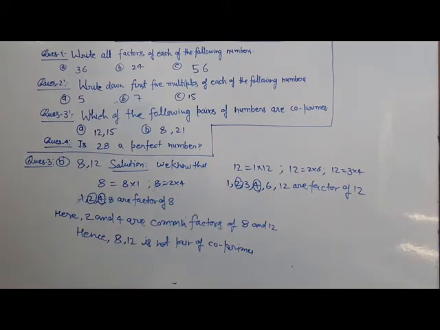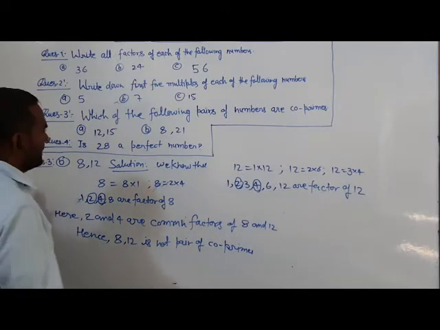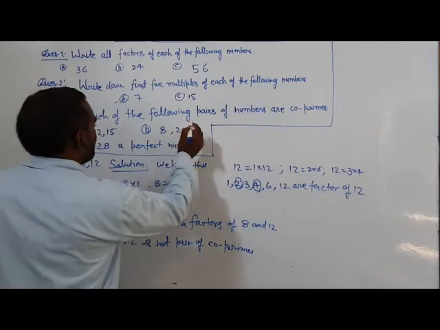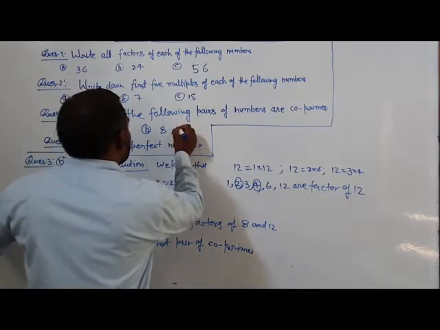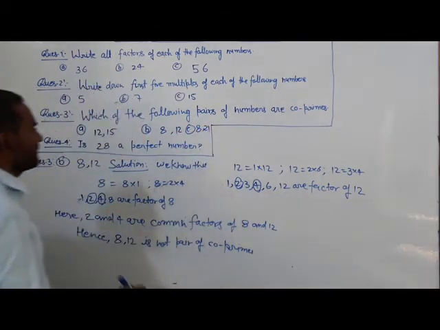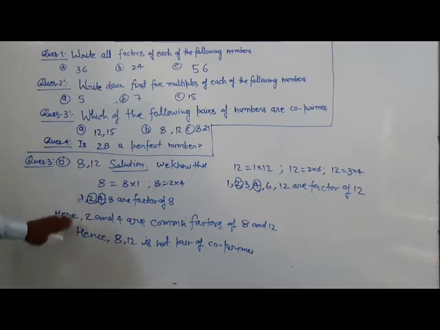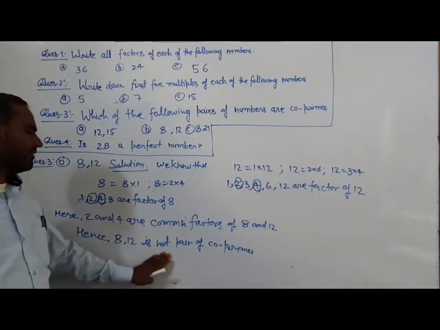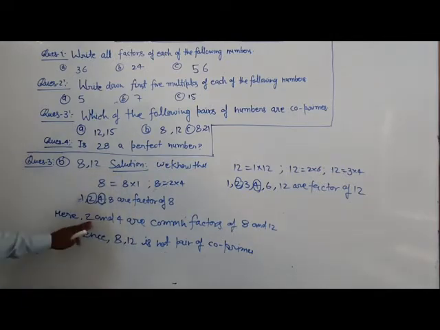So these are not co-primes because 8 and 12 have common factors. Here 8 and 12 is not pair of co-prime because 2 and 4 are the common factors.